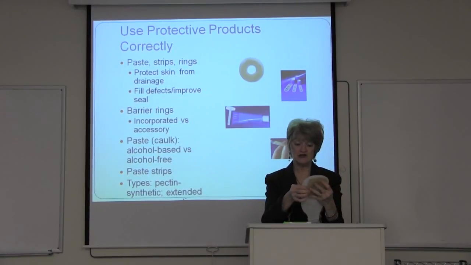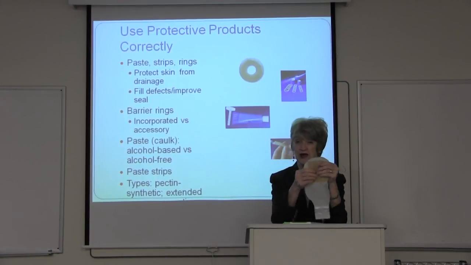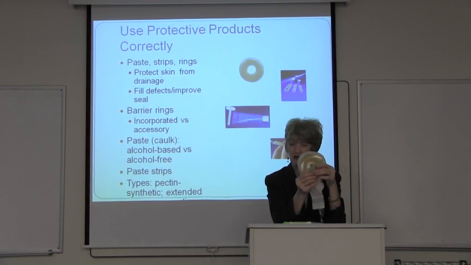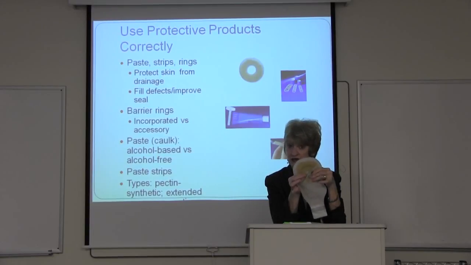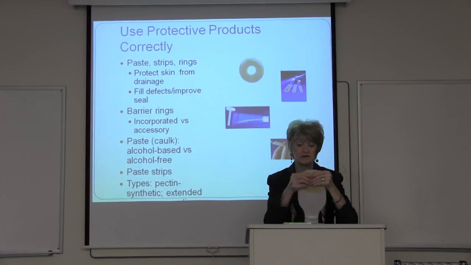So in both of those situations, the pouch comes with the barrier. When you apply this pouch, you have applied a layer of protection against the drainage. And you also have an interface layer. The layer that's going against the skin is very soft and moldable, so it's able to contour to creases to give you a better seal.